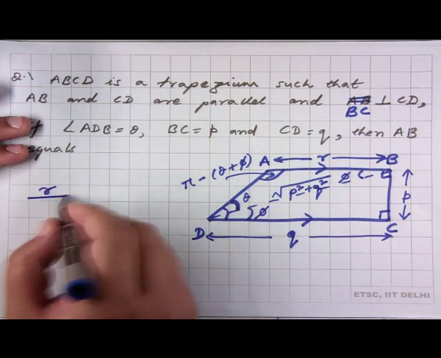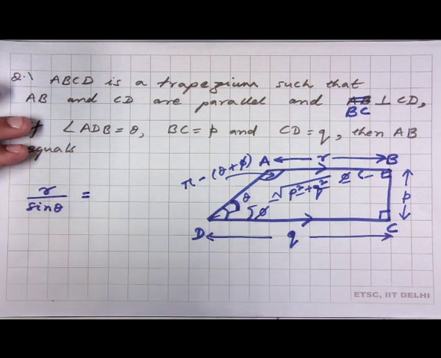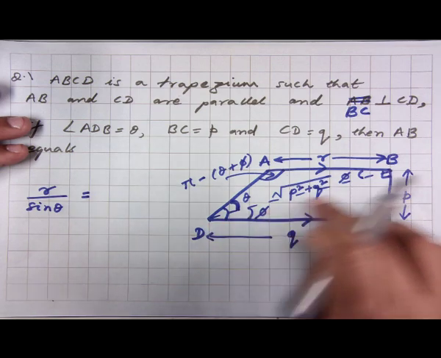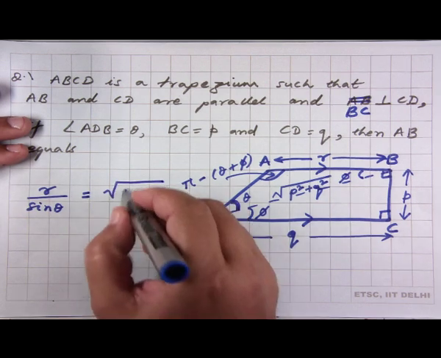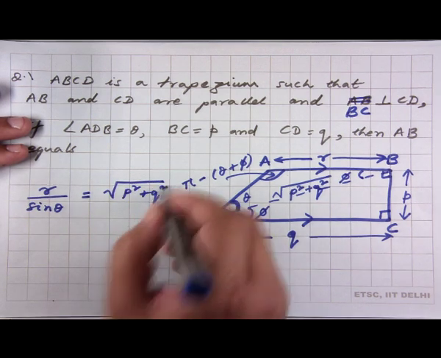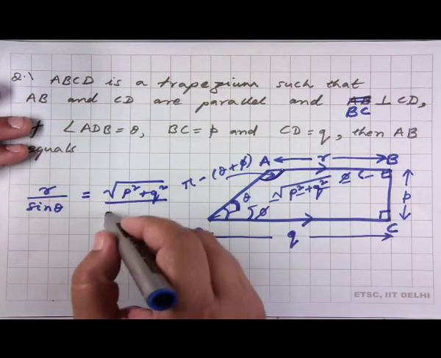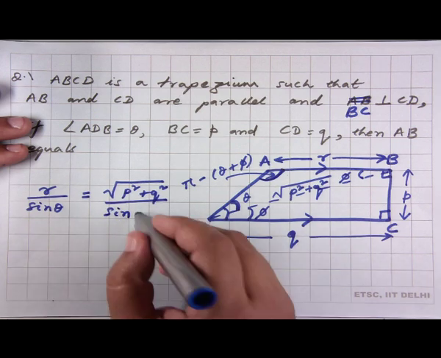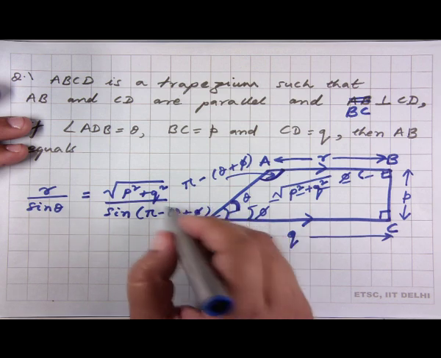should be equal to this length BD, which is square root of P square plus Q square, divided by sine of this angle, sine of pi minus (theta plus phi).